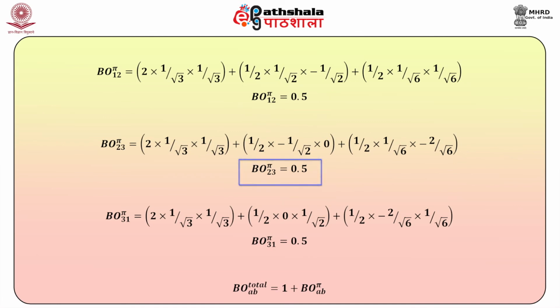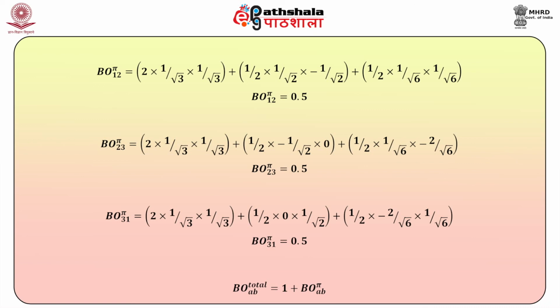So it is very important that all the three bonds basically have the corresponding pi bond order of 0.5. Since between any two carbon atoms, besides pi bond, there is also a sigma bond whose order is 1, therefore the total bond order between any two atoms will be 1 plus pi bond order, which is 0.5, and that comes out to be 1.5.